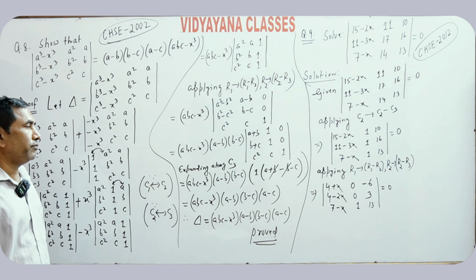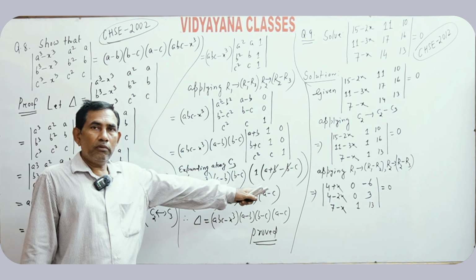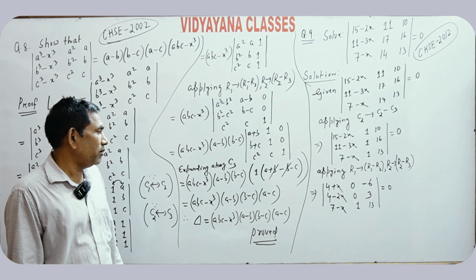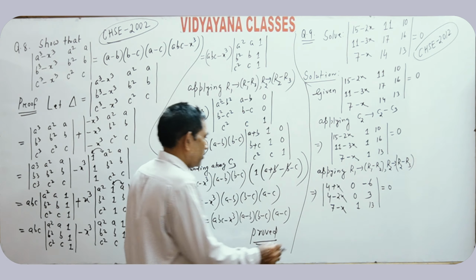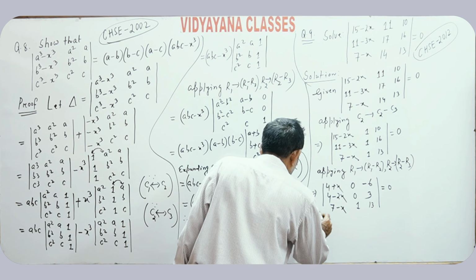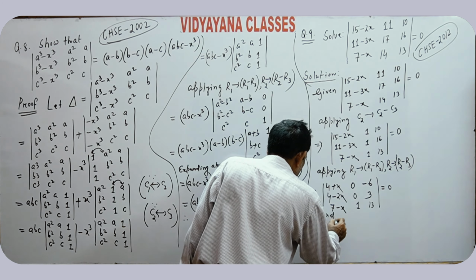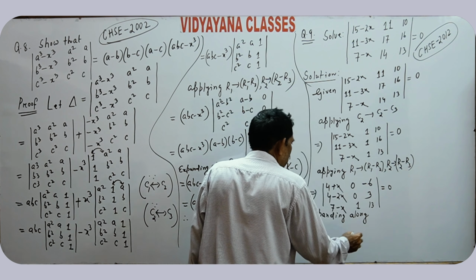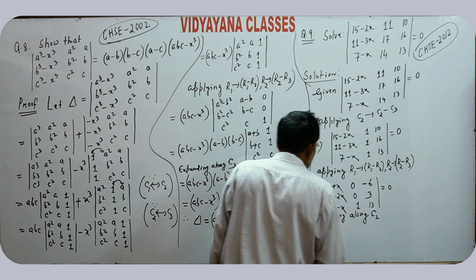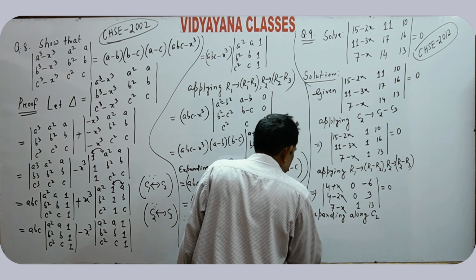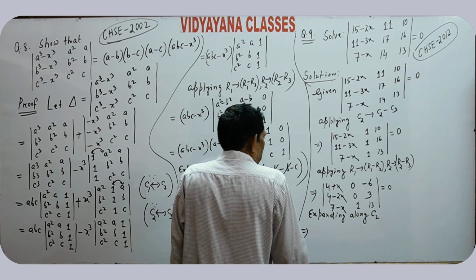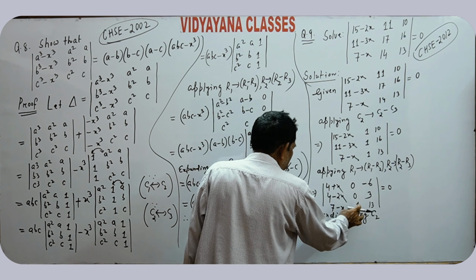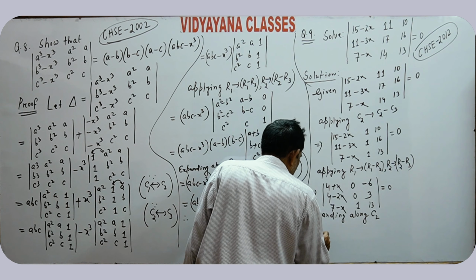Here column 2 contains maximum zeros. So expanding along column 2, it gives 0, minus 0, minus 0, 0, 1, minus 1.